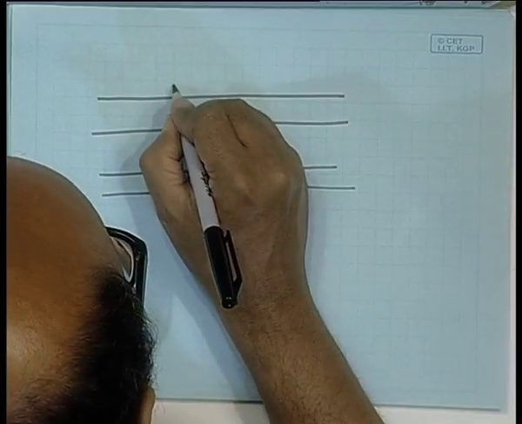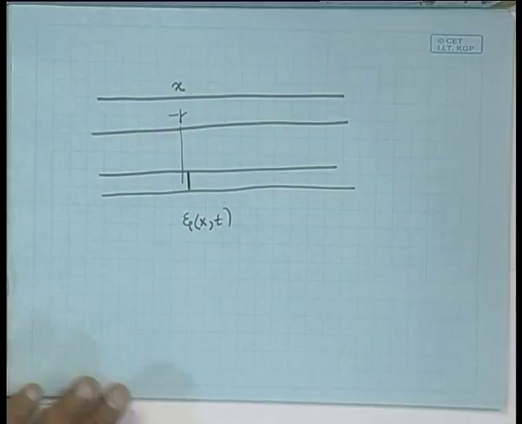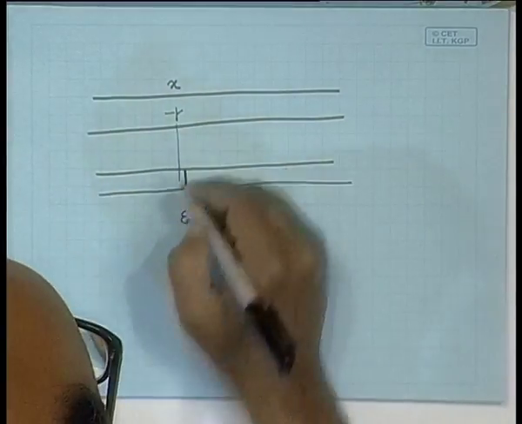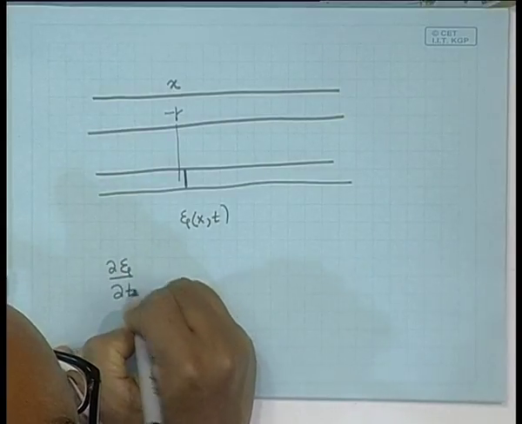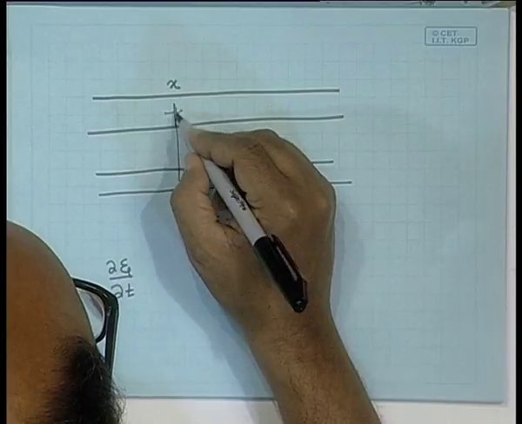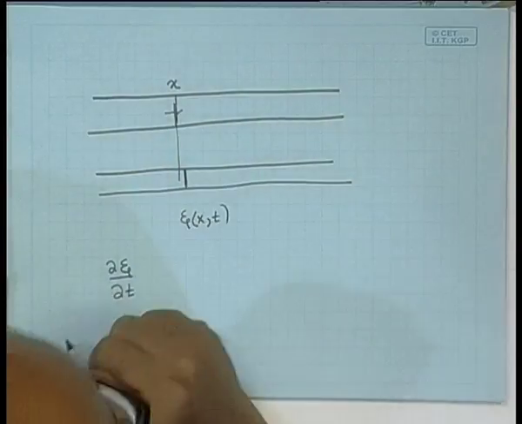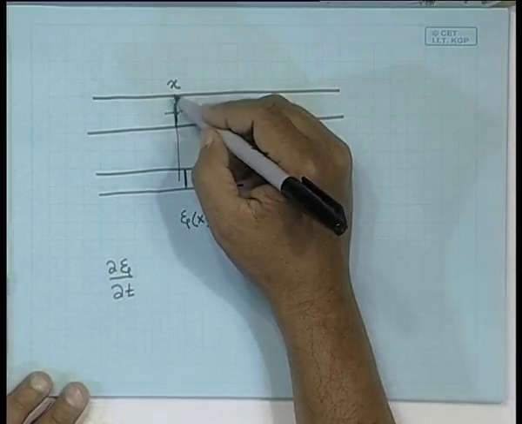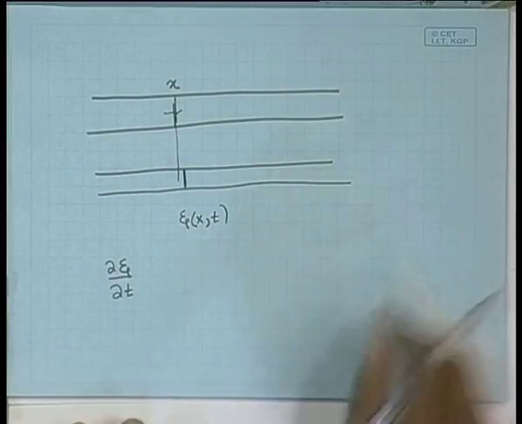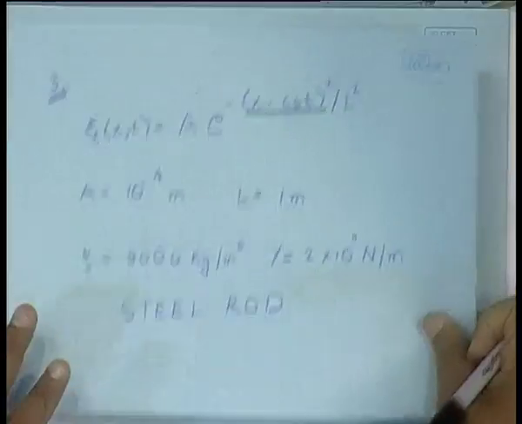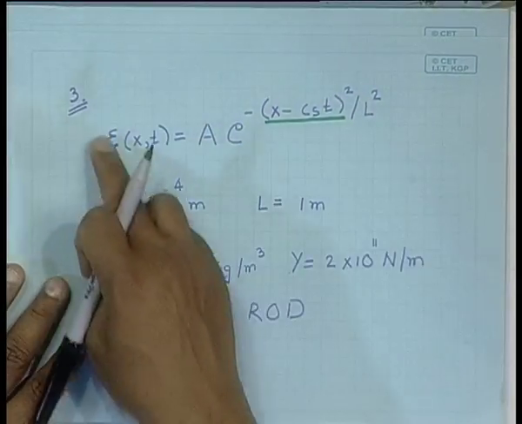This is the point x. So, the time derivative of this, del xi del t, tells us the speed with which the material at this point is moving. This particular bit of the elastic material is moving. So, we have to calculate the temporal derivative of this function which gives the displacement.